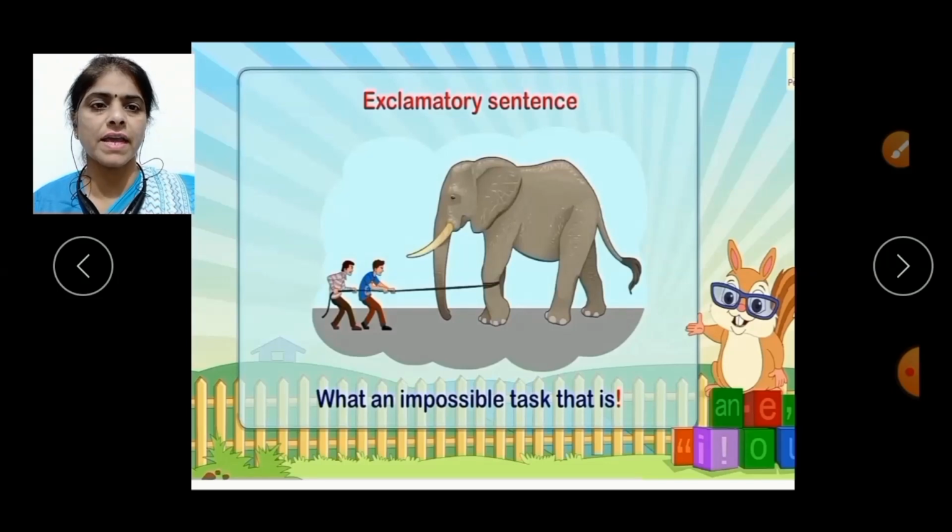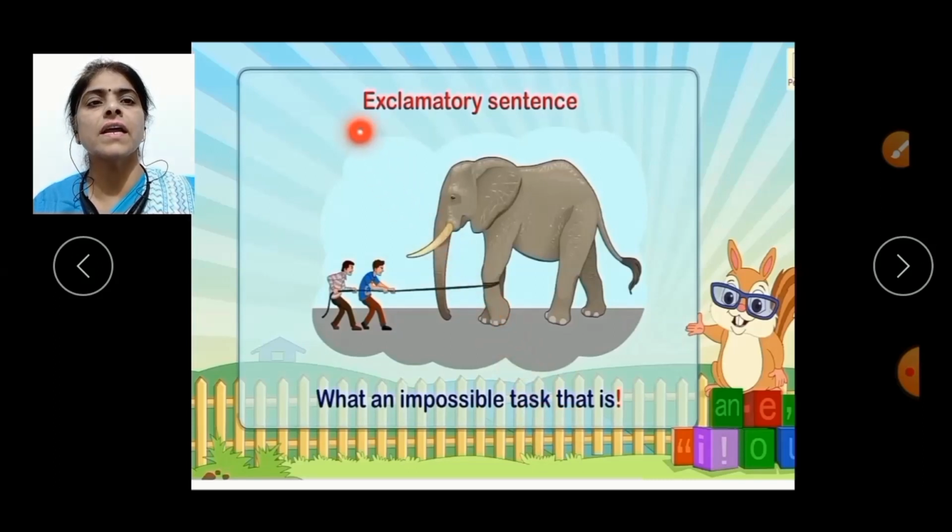The first one is, what an impossible task that is! Really, the task is very difficult, as you can see in this picture, to drag an elephant. So as you can observe, this sentence has an exclamation mark at the end, and this is expressing surprise.